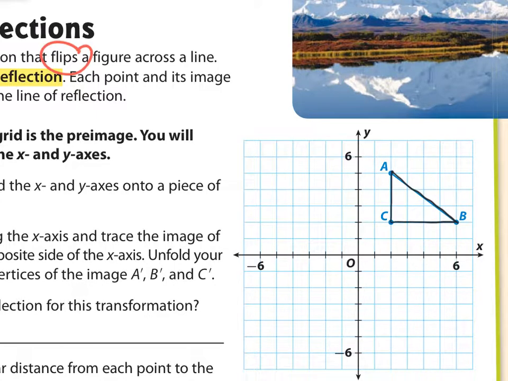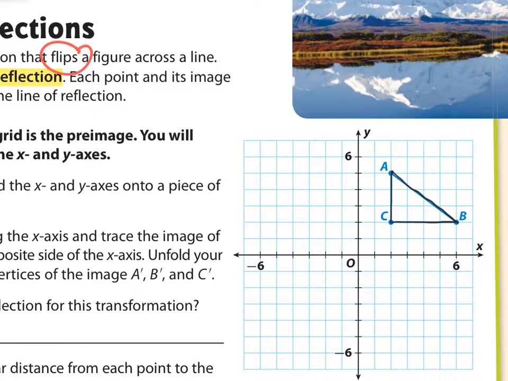Okay, so let's take a look at this triangle here in the graph, triangle ABC. If I were to take this and flip it from right to left, let's say I wanted to flip this triangle over the y-axis. So I'm going to draw a red line here on the y-axis, and this is my mirror.